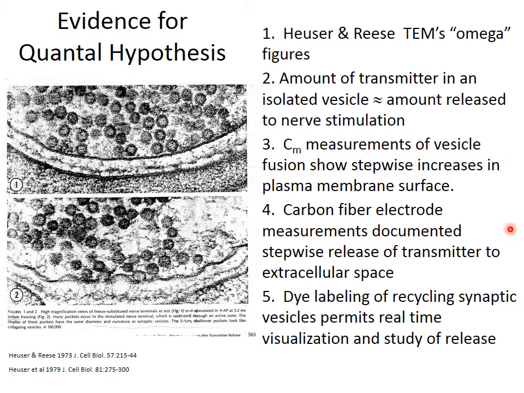We know from capacitance measurements of vesicles fusing that we can see stepwise increases in capacitance in parallel to this increase in area expected for the fusion or addition of new membrane to the presynaptic nerve membrane surface. We also see that same stepwise release if we measure the neurotransmitter itself. And measurements have indeed been made of released neurotransmitter.